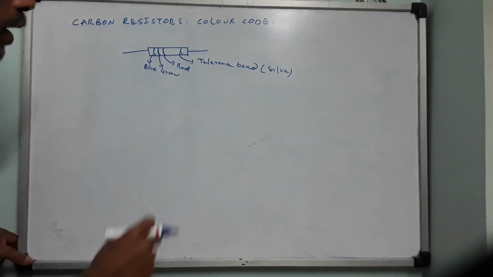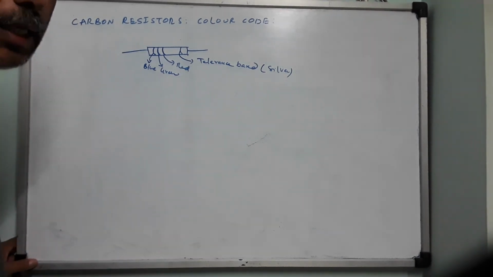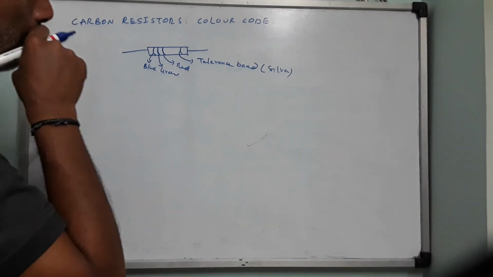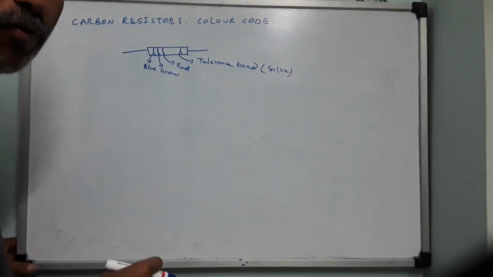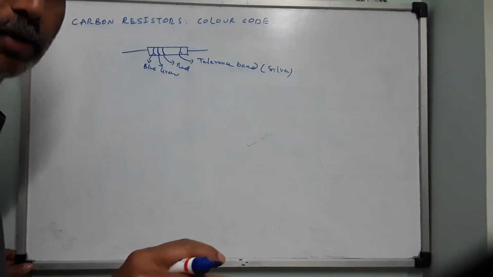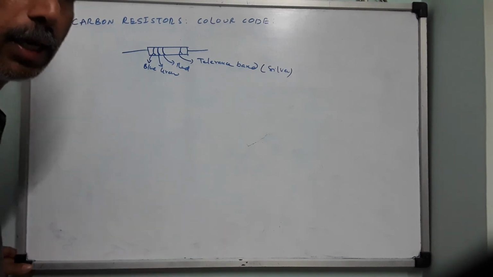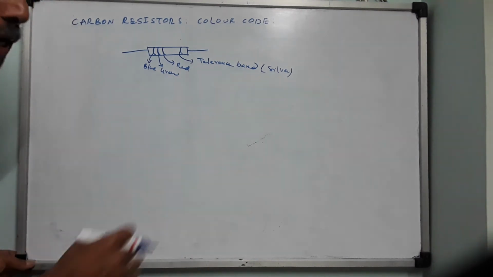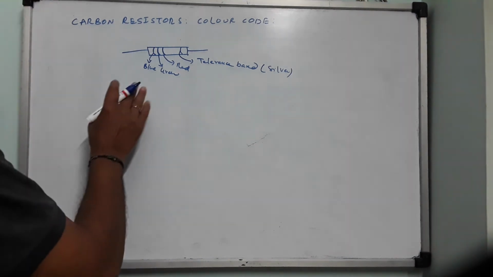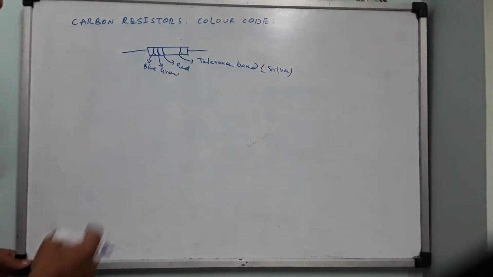So this tolerance band can have two colors only, either silver or gold, or there cannot be any color. Gold carries plus or minus 5%, silver carries plus or minus 10%. If there is no color, the tolerance will be plus or minus 20%. So how to calculate the resistance of this one means we have a code that is known as color code.